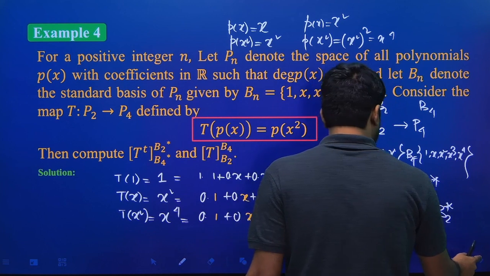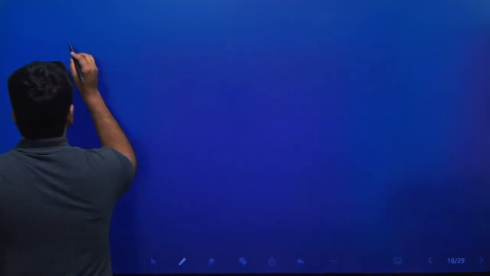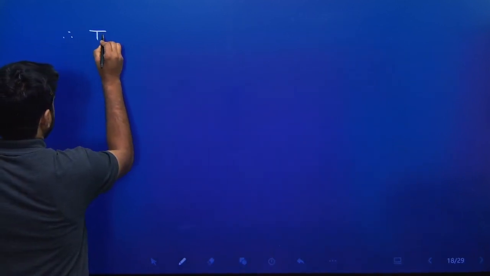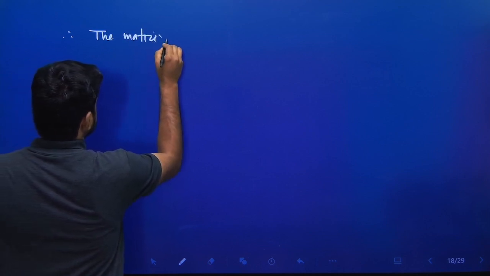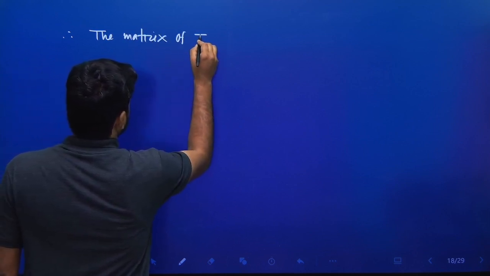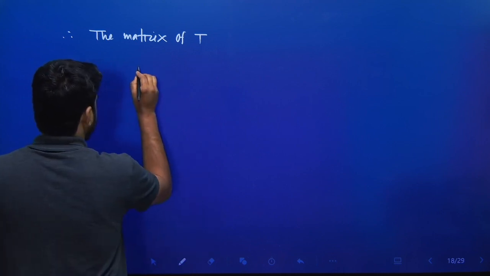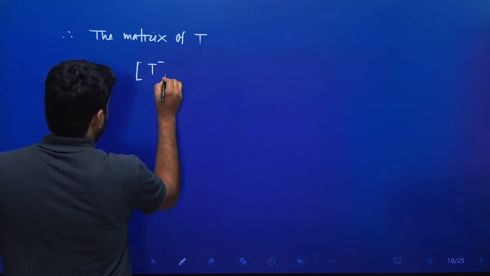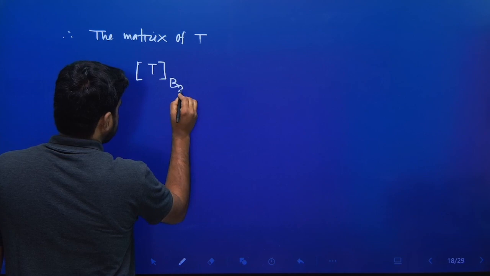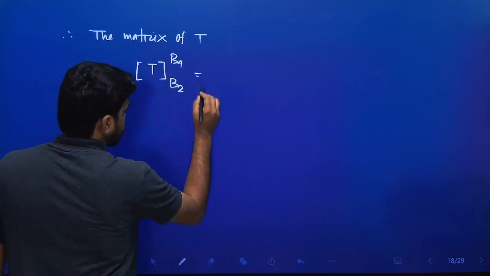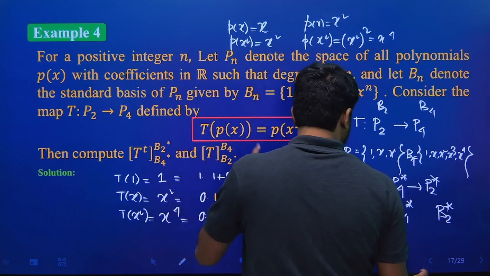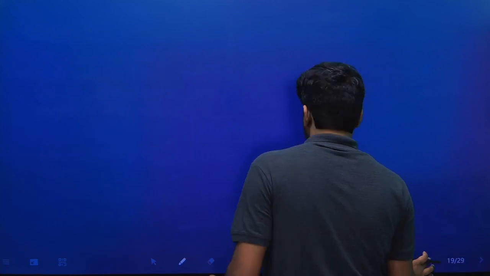So the matrix of T, therefore, the matrix of T with respect to the bases beta b2 to b4, right? b2 to b4, okay?